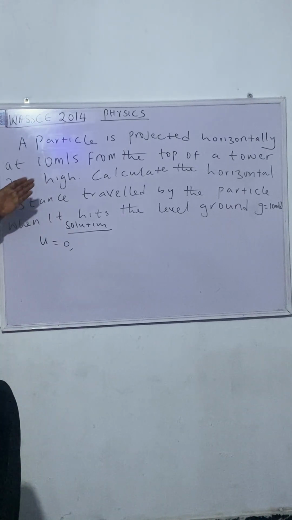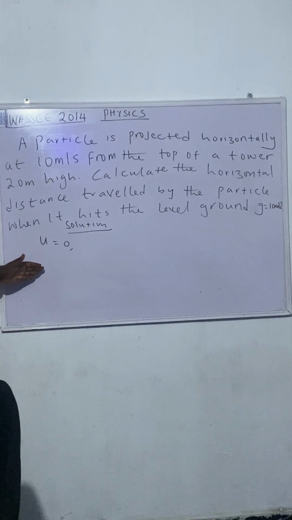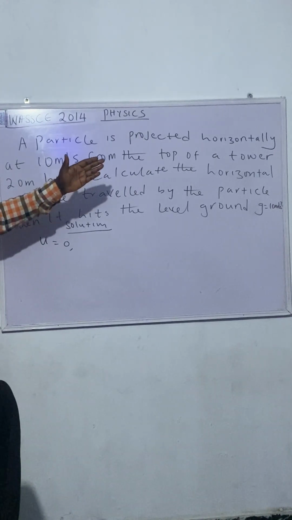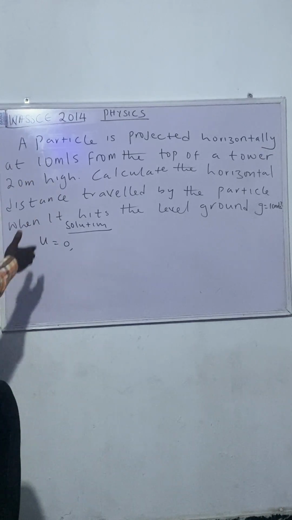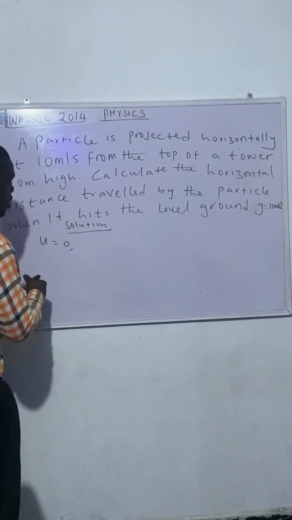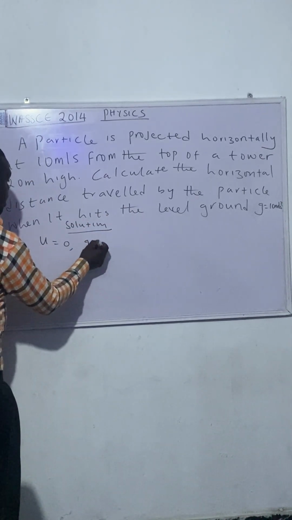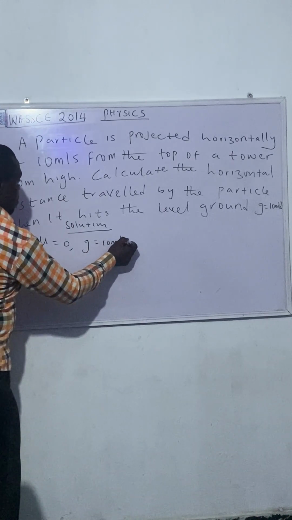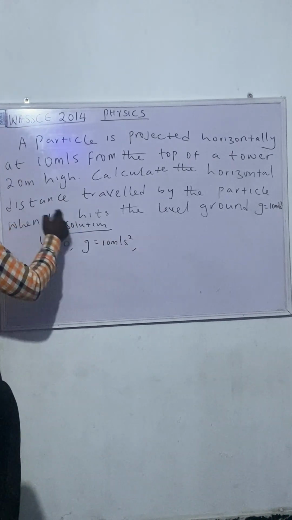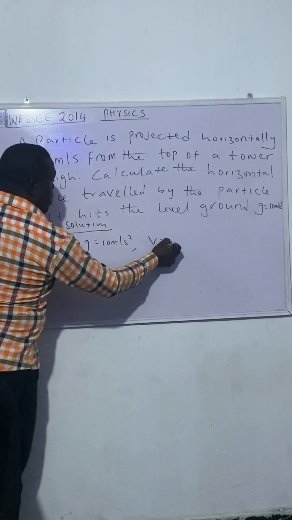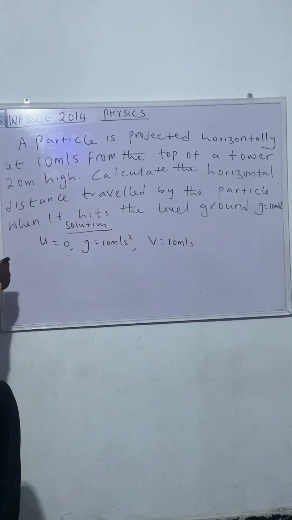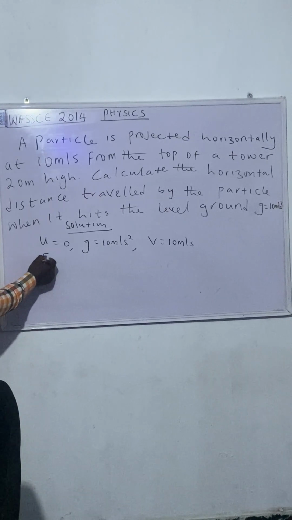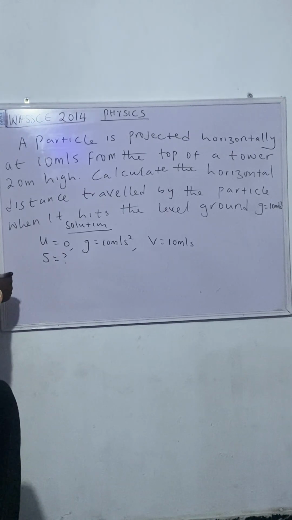And so when you have initial velocity equal to 0 like that, we are given g to be 10 meters per second squared, and v is 10 meters per second. We are told to find the horizontal distance, so that's what we're looking for.